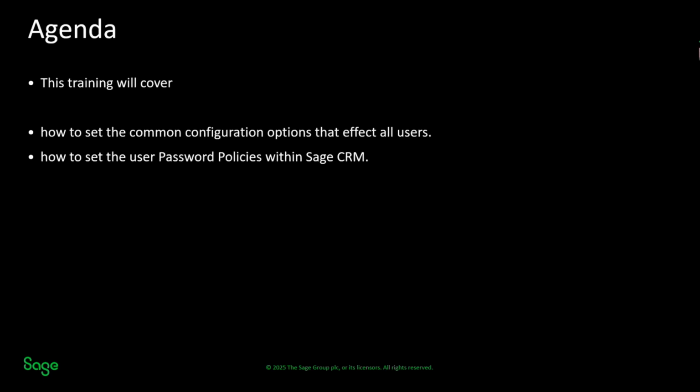By the end of this session, I hope you'll be able to know how to navigate to the settings screen for user configuration, how you go through and understand all of the different system-wide settings that can affect all users, understand how you can control the logon behavior and session management for users, as well as the idea of setting expiry times for passwords and lockout rules as well.